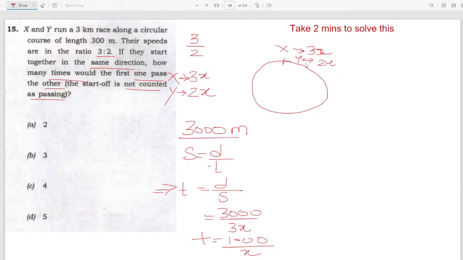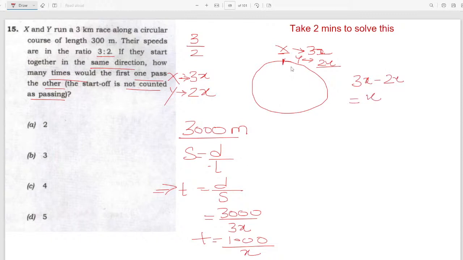In the relative concept, I'll make Y sit in this position itself, and I'll calculate the relative speed of X. So I have to subtract the speed of Y, so the relative speed of X would be 3x minus 2x, that is equal to x.